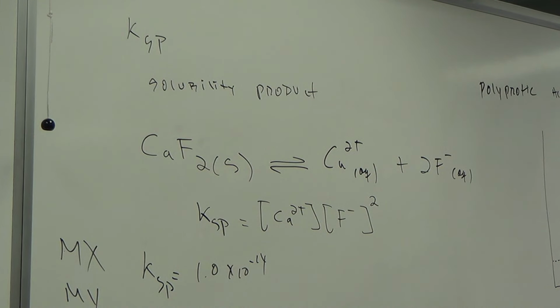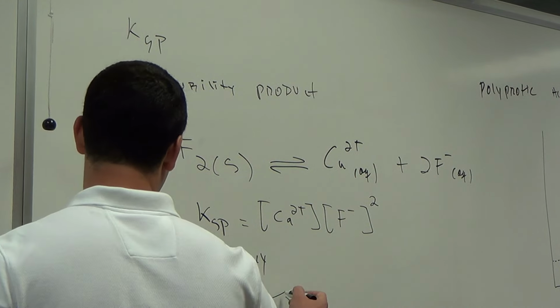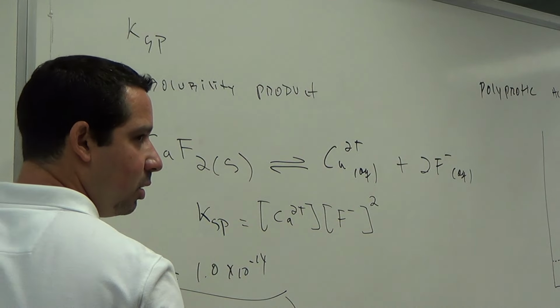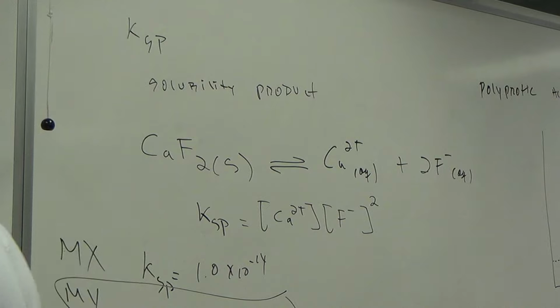Which one is more soluble of those two salts? The bottom one, MY. Because it has the greater number. But it doesn't look greater. I mean, 14 is bigger than 12, is it not? No, it's negative, so the negative makes this smaller. Okay, very good.